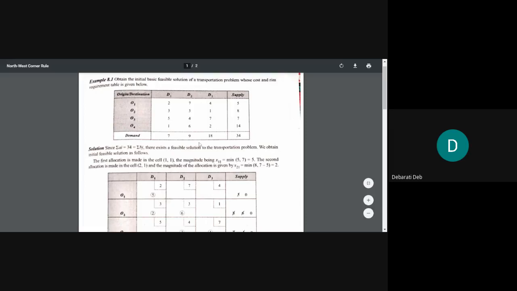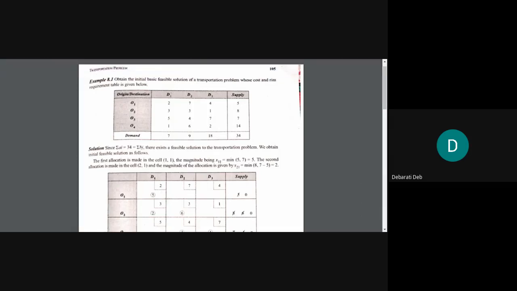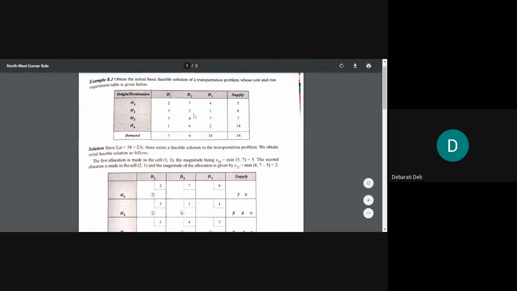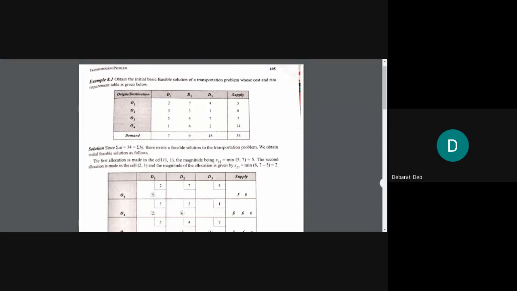So in the problem, the individual cost of transporting goods from each origin to each destination will be given. Then the maximum number of units that can be supplied from each origin will be given, and the quantity demanded at the destinations will be given. Any doubt in this? If yes, you can ask.